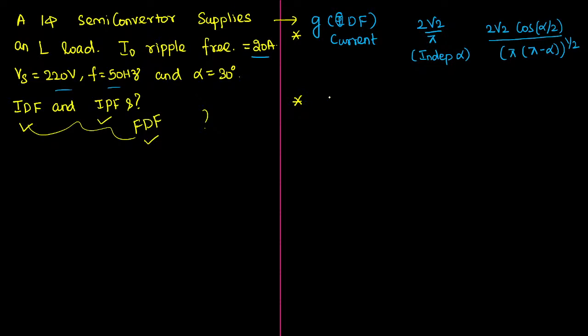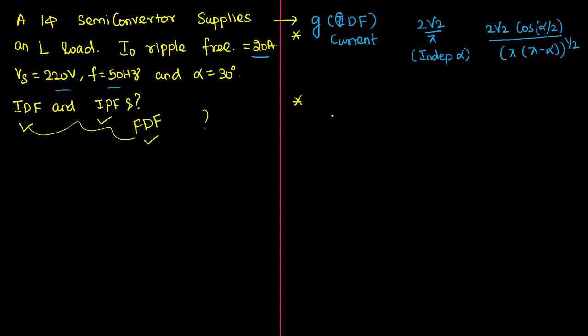Next, let us keep our attention on the displacement factor. There is a difference between these two, right? Input displacement factor, how will you write it? Current distortion factor, you know. Now I just want to know the value of the input displacement factor. Then we will calculate the value of the input power factor.